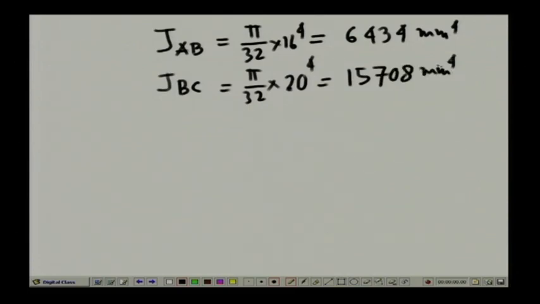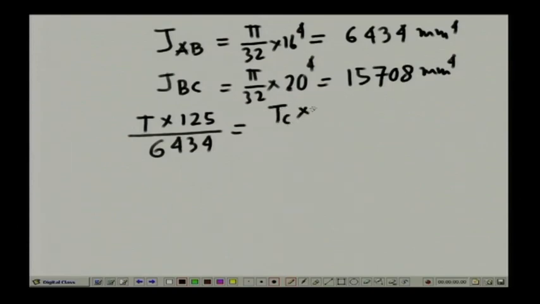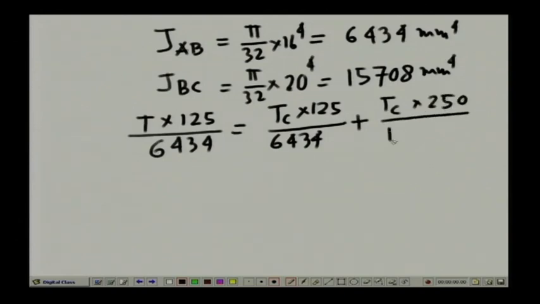Now, if we substitute, T times length AB, which is 125, by J of AB, which is 6434, is equal to T_C times length AB, 125 by 6434, plus we have T_C into 250 divided by 15708.